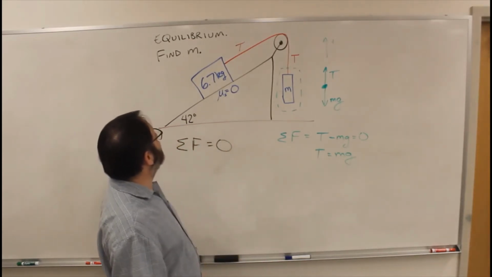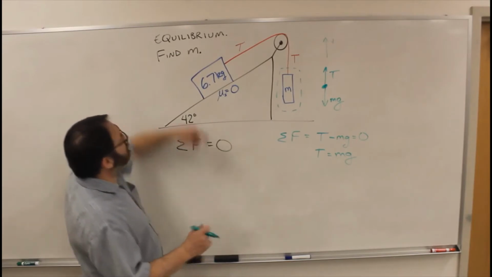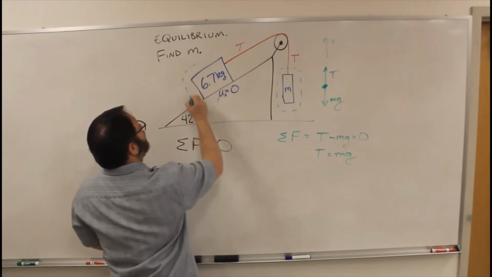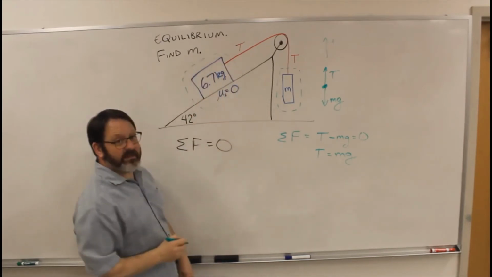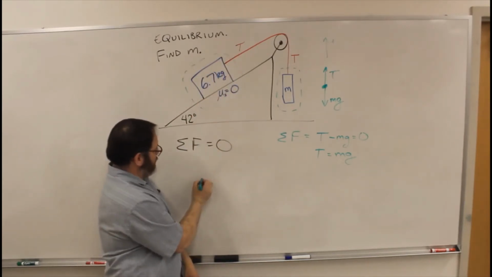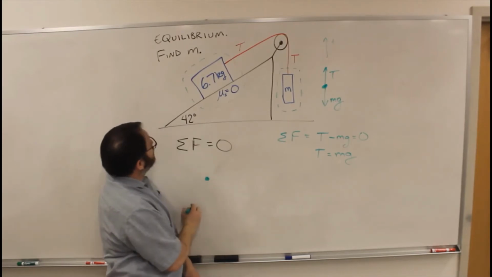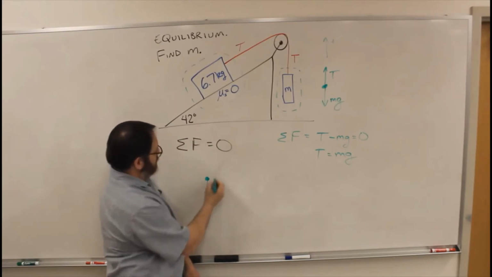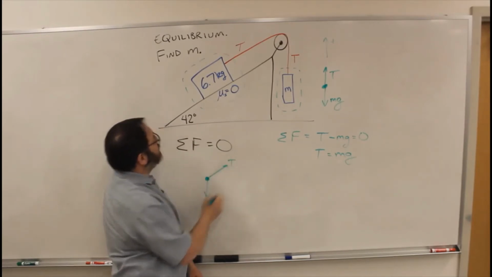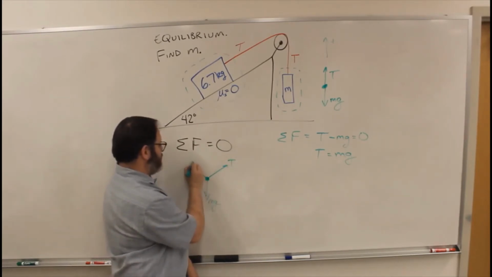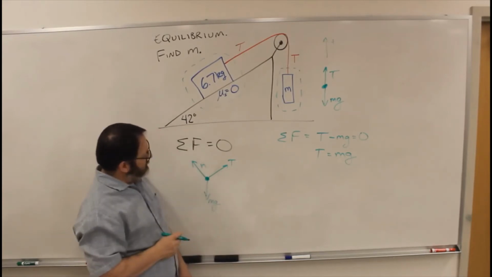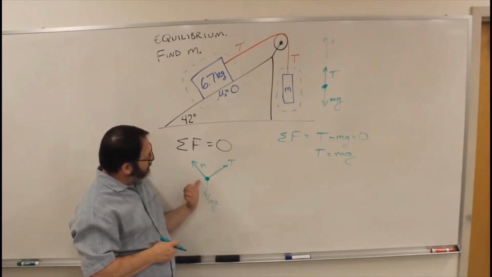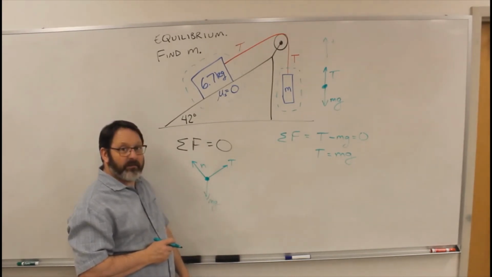Can I find T? What if I consider this as another system? So if I consider this block as a system, and I make a free body diagram of that, I have mg, I have T, I also have N. Can I figure out from this what T has to be?